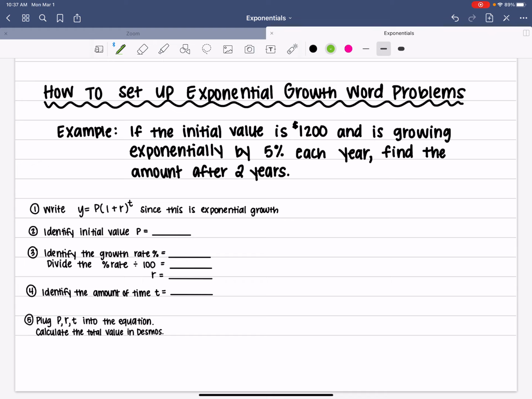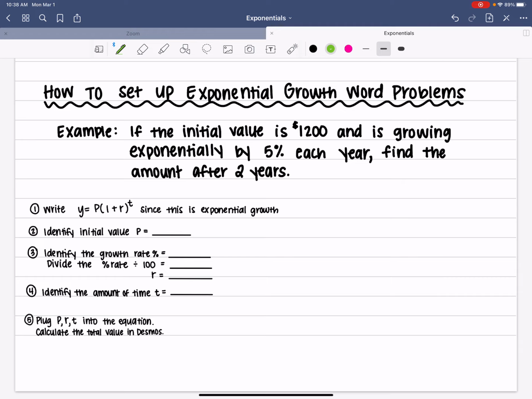In this example, if the initial value is $1,200 and is growing exponentially by 5% each year, find the amount after 2 years. So I have some steps listed for you on the left, and we're going to do the work for this on the right-hand side.